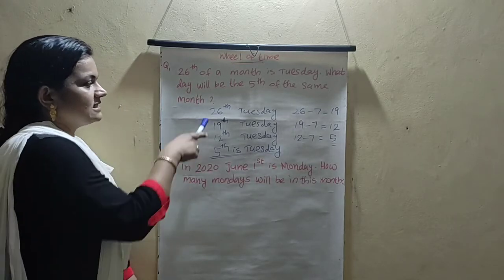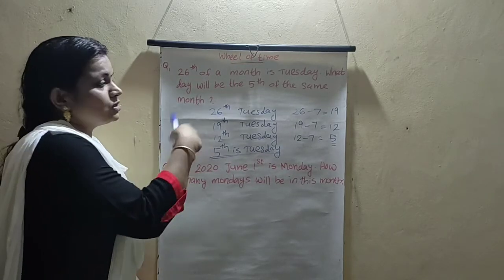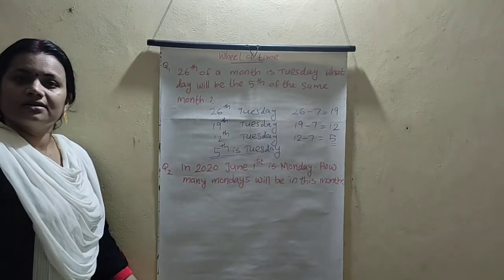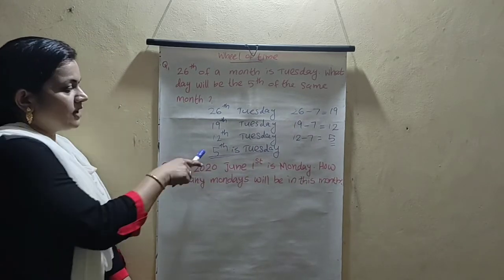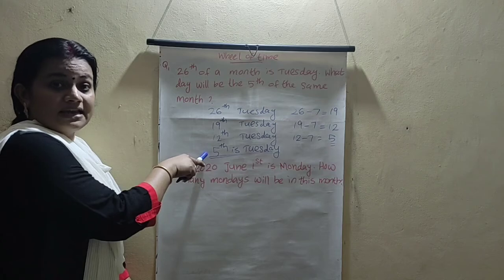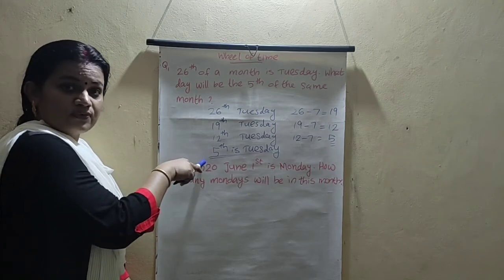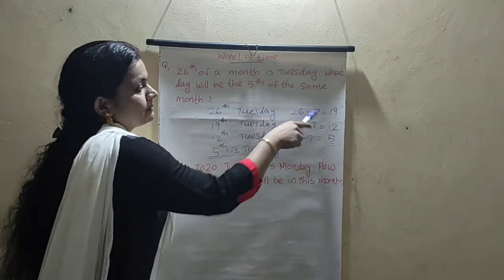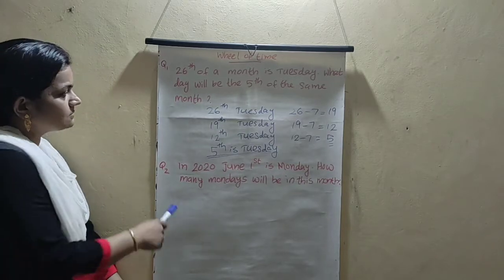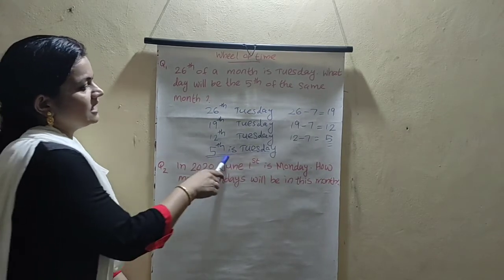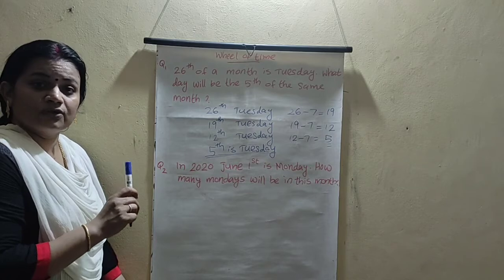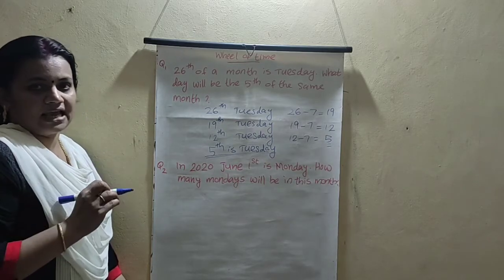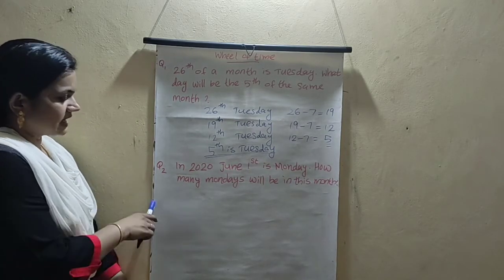Because in this case the last date is given, we can do the subtraction. We want to find out the beginning dates of the month, the 5th. So we subtract 7. So 5th is Tuesday. Which day is the 5th of the same month? Tuesday. Understood?